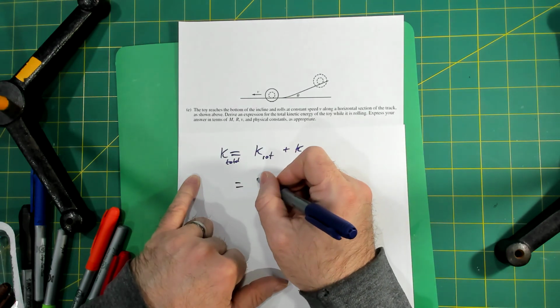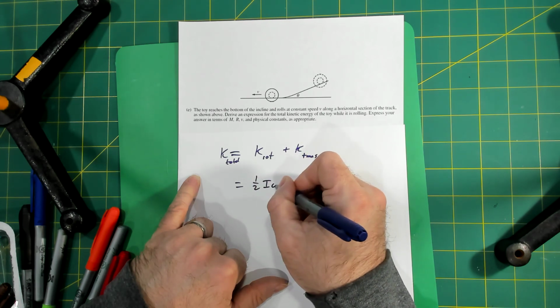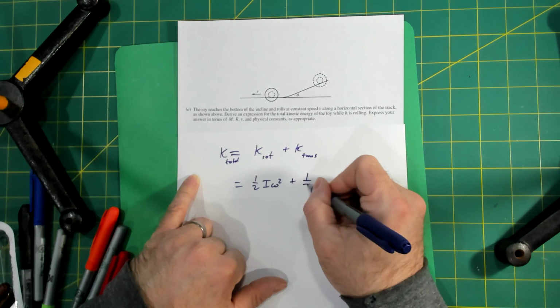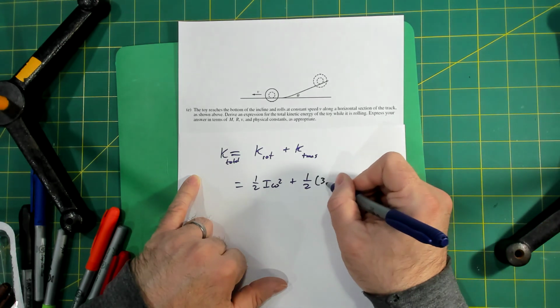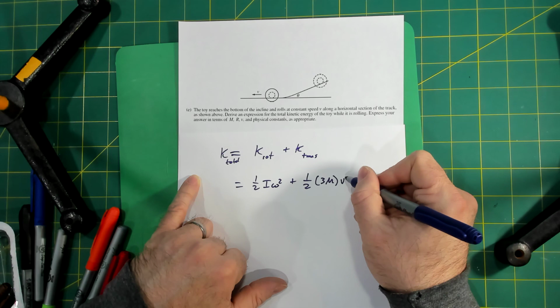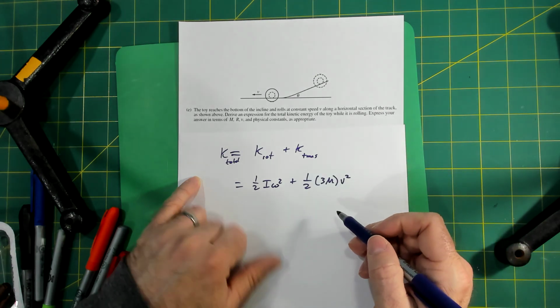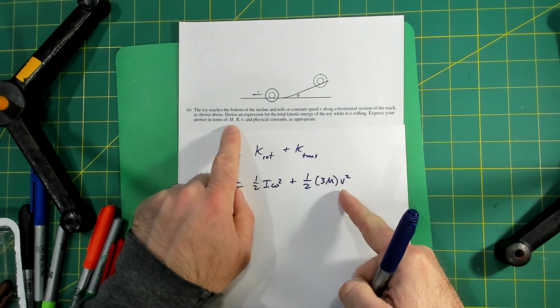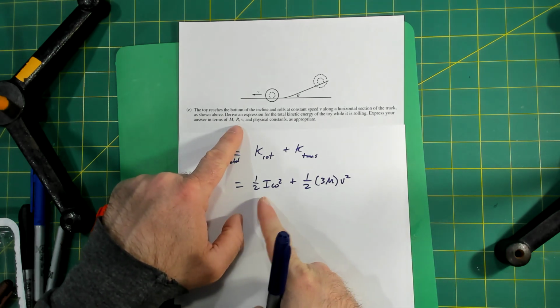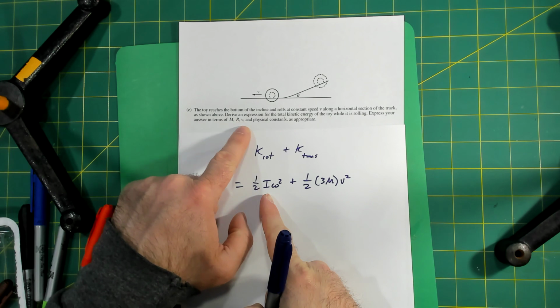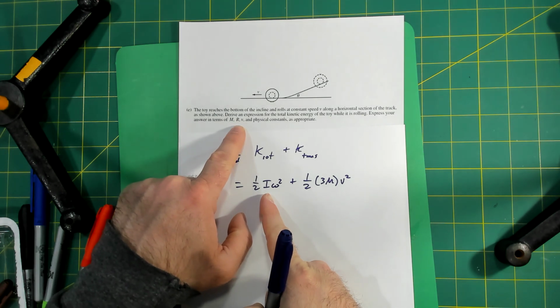And my k rotational is going to be 1/2 I omega squared. And my k translational is going to be 1/2, and I'd say mv squared, but remember the mass is big M, my mass, V squared. And I say, hey, we're allowed to have V, we're allowed to have M. I'm just not allowed to have omega or I this time. Okay, but I am allowed to have R.